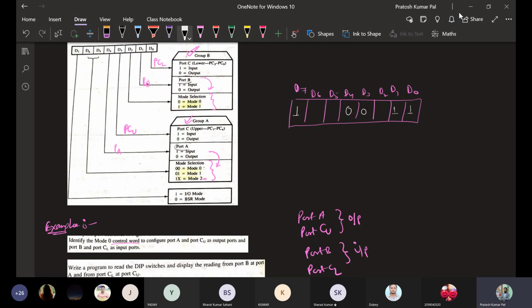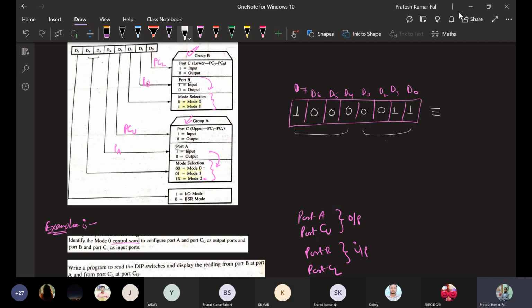Here mode 0 needs to be selected. So D2 will be mode 0 for port B, meaning 0 should be selected, and port A will be working in mode 0, meaning 00 will be selected. So now this is the data: this is 4 bits and this is 4 bits.